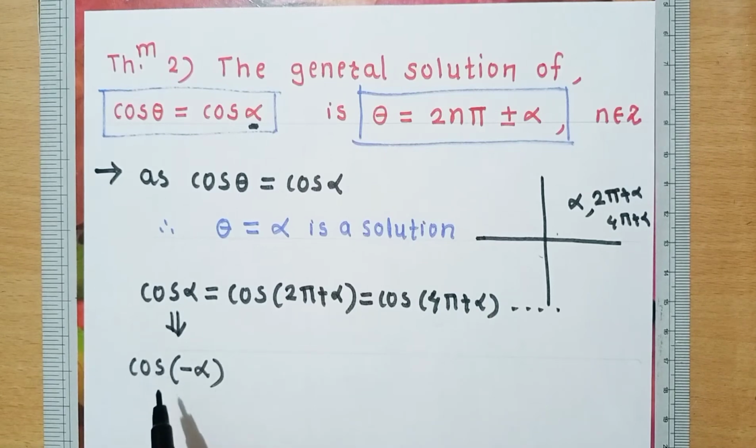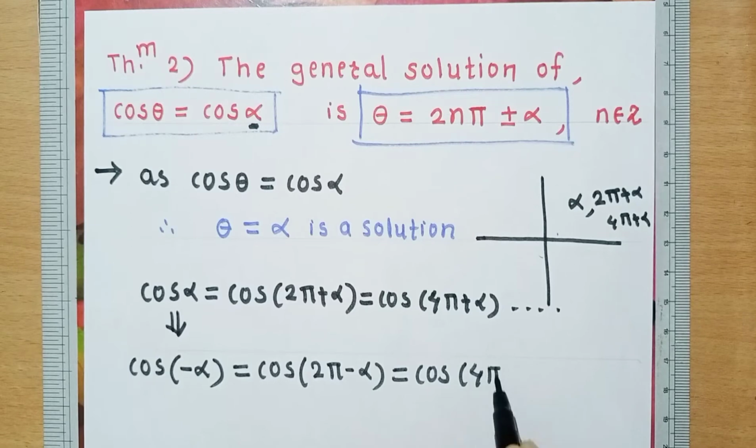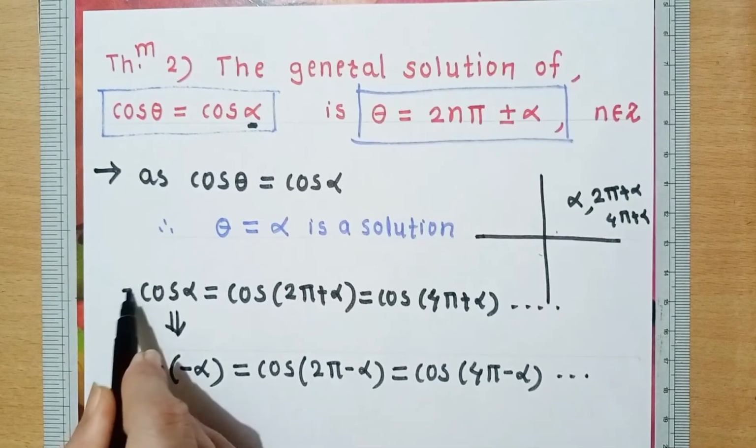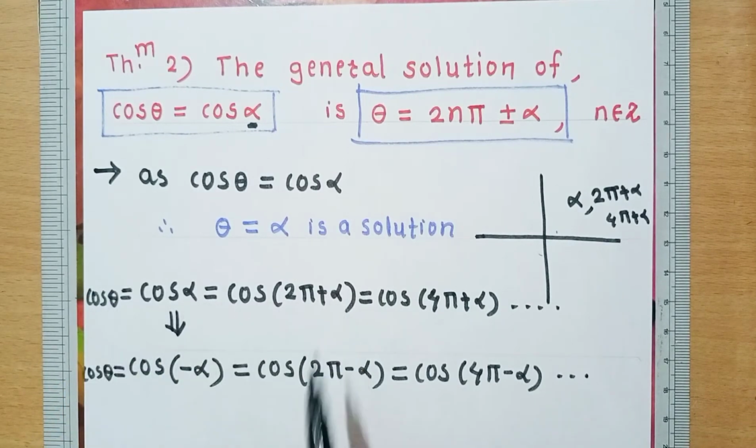We know that this is an even function, and also after one complete rotation again we write this as 2 pi minus alpha, and that is equal to cos of 4 pi minus alpha, and so on. And then this is equal to cos of theta, so we will write these solutions separately.